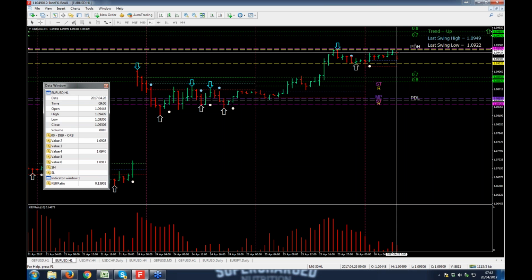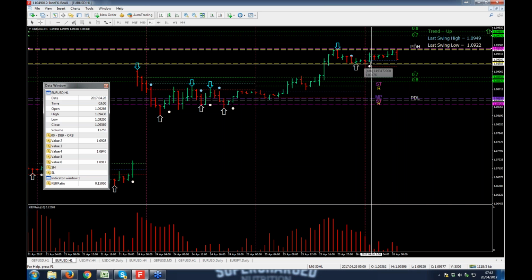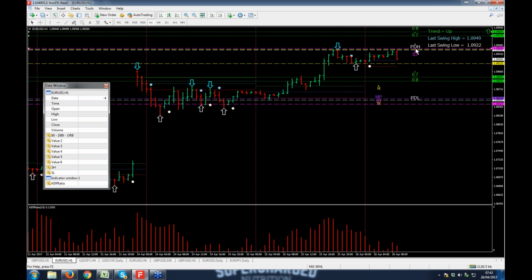Right, that's quite interesting because the high was 10950. So you can see that we are very close to hitting 2 times stretch this morning. Just here, it hasn't quite happened yet.